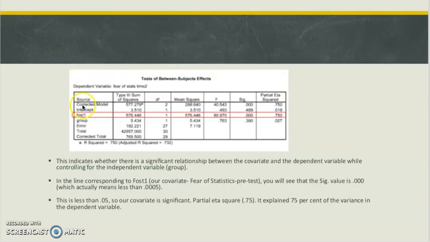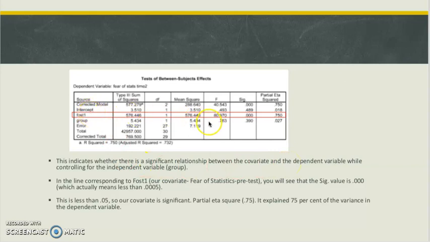How about the field of statistics 1? What does this mean? This indicates whether there is a significant relationship between the covariate and the dependent variable. Remember, one of the assumptions is that there is a relationship between the covariate and the dependent variable, or the pre-test with the post-test.